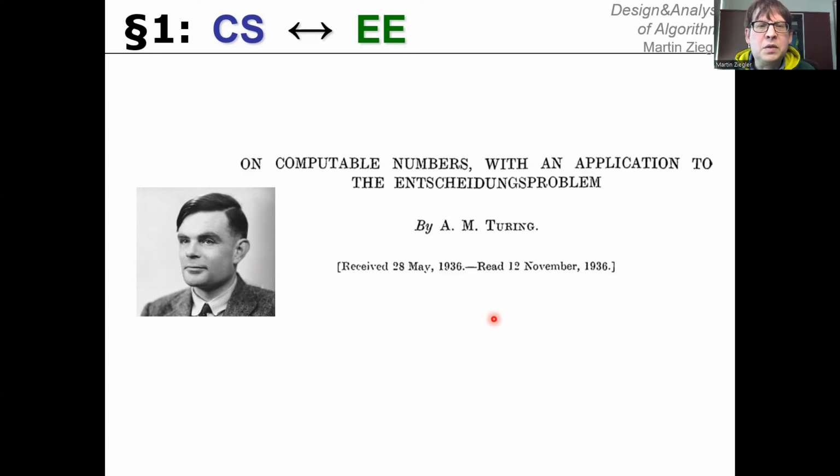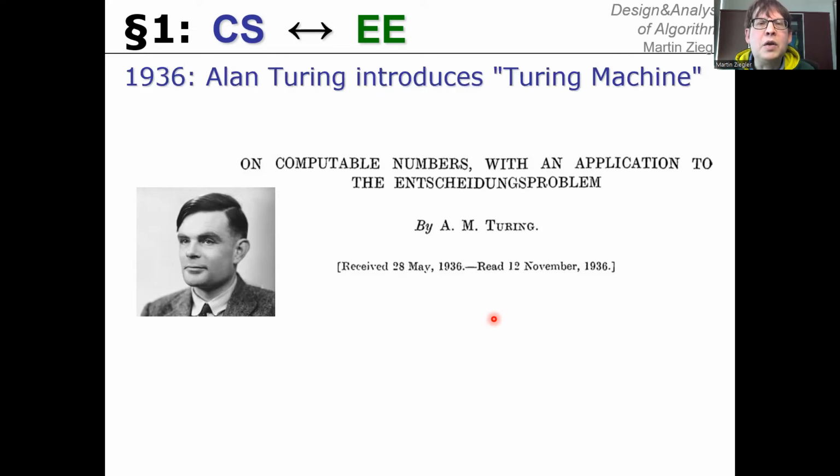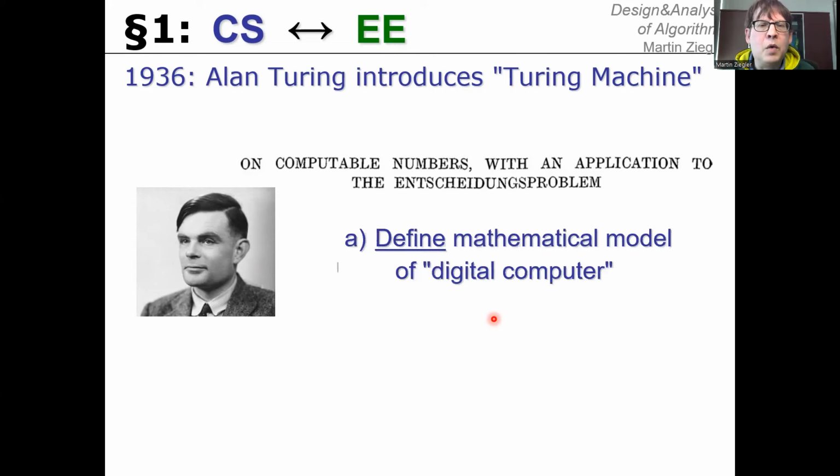In this paper, called On Computable Numbers, with an Application to the Entscheidungsproblem, he introduced what we nowadays call a Turing machine. A Turing machine is a mathematical model of a digital computer.